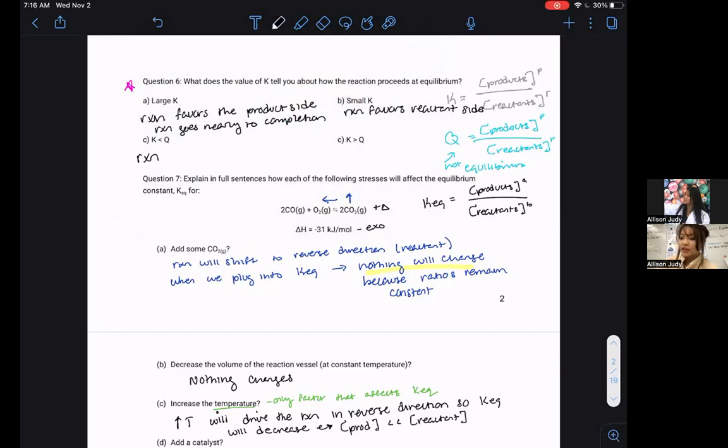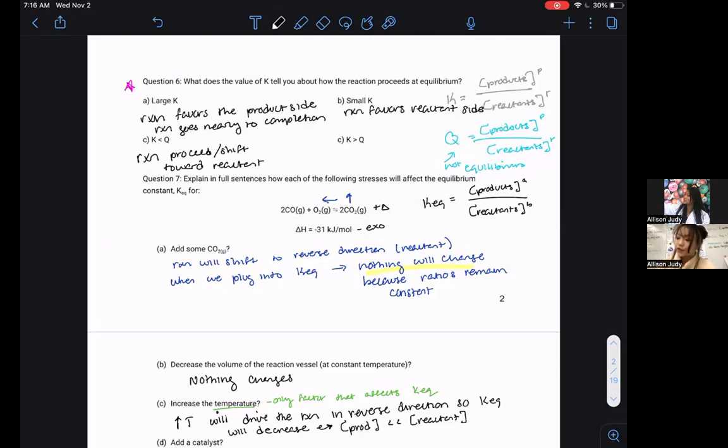So in order to get back to that state of more denominator, more reactant concentration, the reaction will proceed or shift towards reactant.